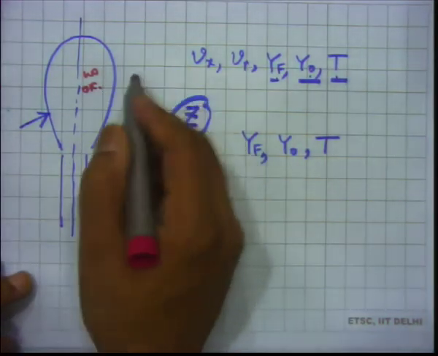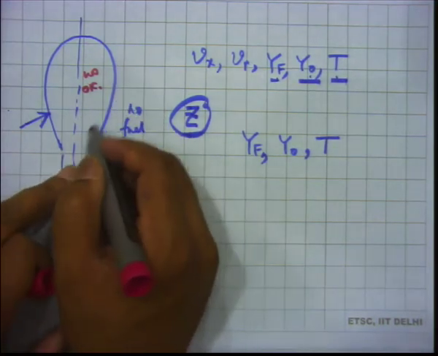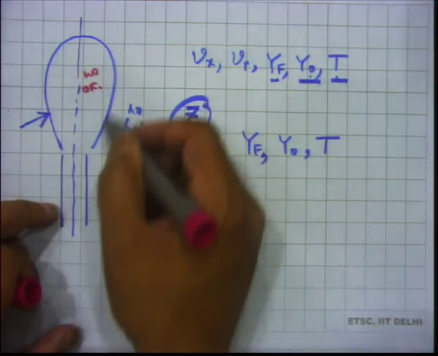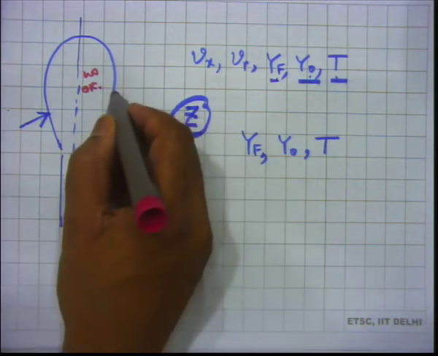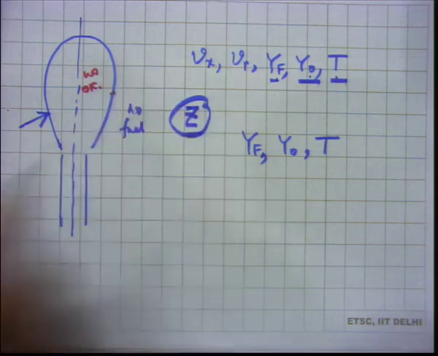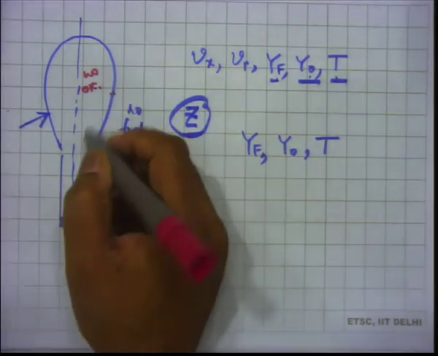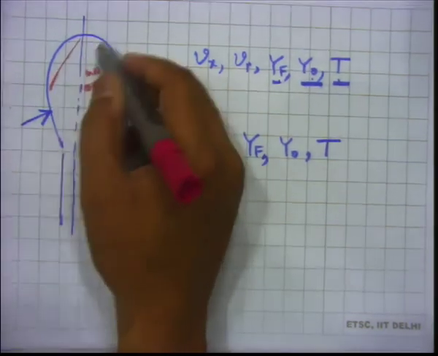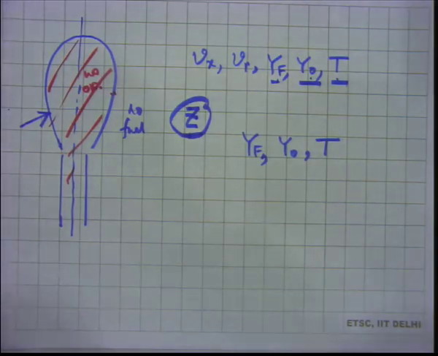So, because of this, we could have solved for the fuel equation only inside this, isn't it? We could have set YF equal to 0 at the flame. So, fuel conservation equation we could have solved, partial differential equation for fuel mass fraction conservation. We could have solved that in this domain, right, because outside that there is no fuel, correct.